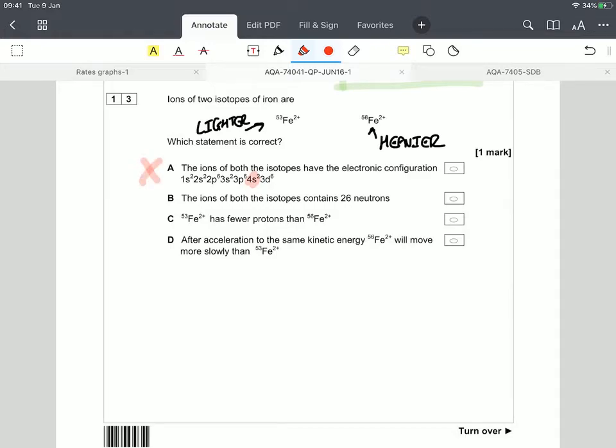And we're not going to bother saying what the correct electron configuration is because we don't need to, but we know that that's wrong. The ions of both the isotopes contain 26 neutrons. Let's think about that statement for a second, right?